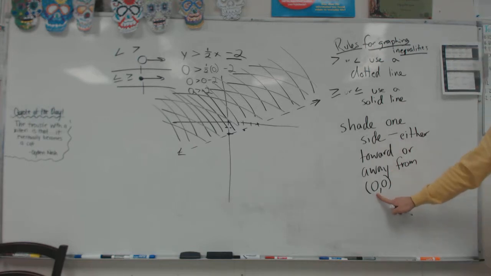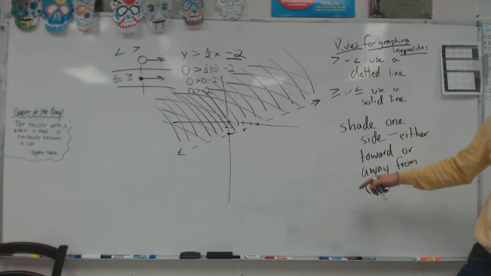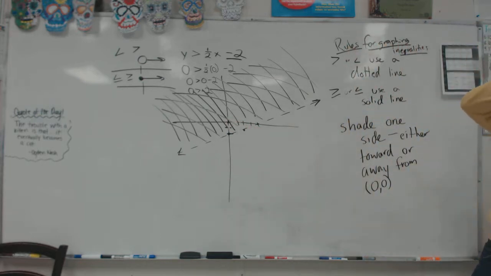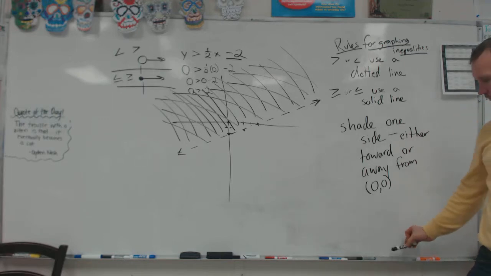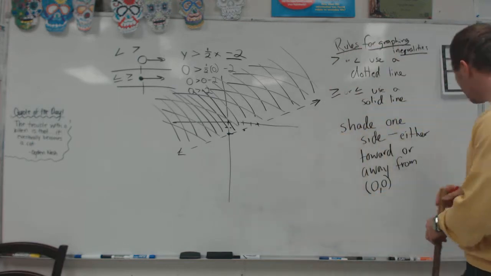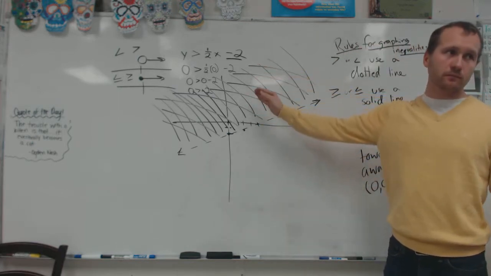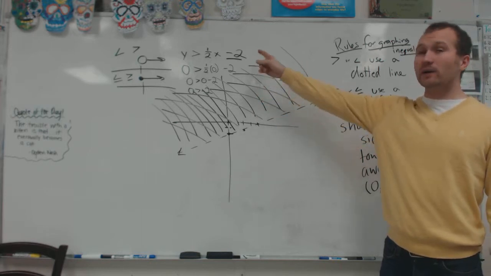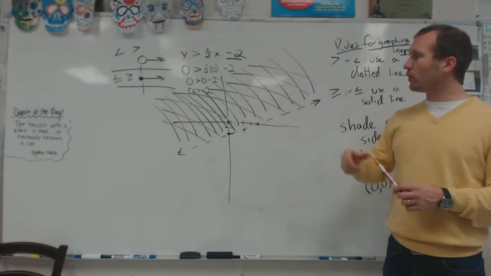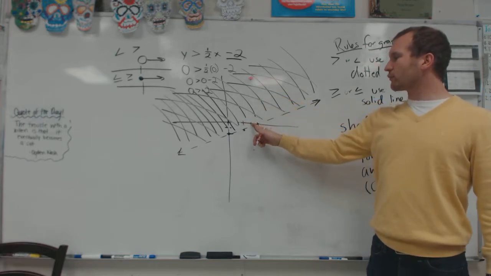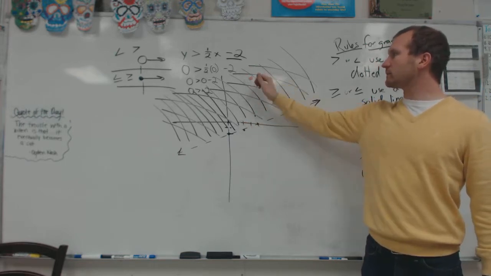So when I write a point like this, you guys remember what that means on the coordinate plane? 0, 0. That would be right here. Now I want to show you why we do this. You could choose any point in this shaded area, and it will make that equation true. Any point. Like there's a point right here, that point is like 3, 10.